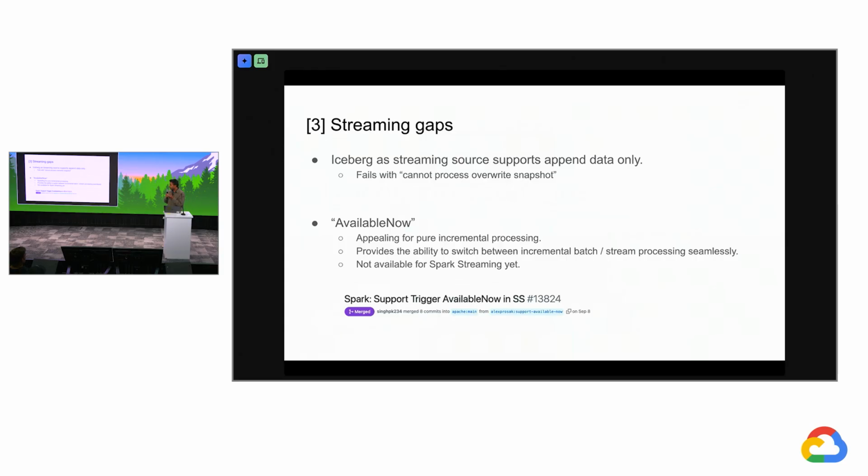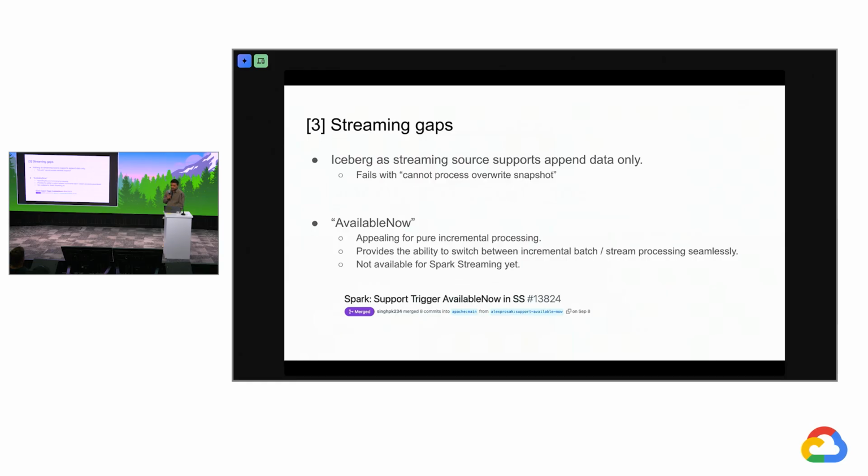It is appealing for us for a couple of reasons: pure incremental processing, seamlessly switching between incremental batch versus streaming, and all that. It was not available for Spark streaming. Someone from my team, Alex, merged this PR recently, and it should be available in the upcoming release, and we plan to use this as well.